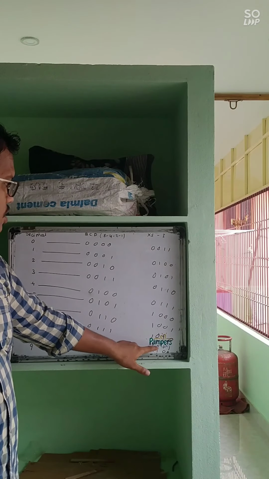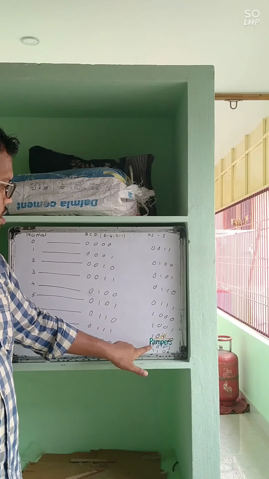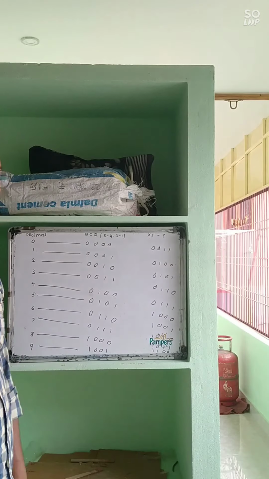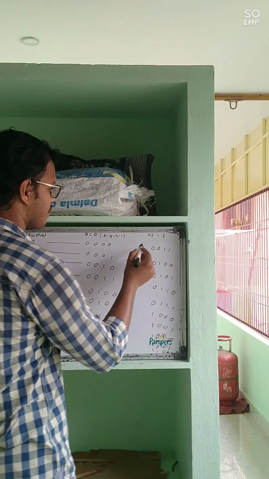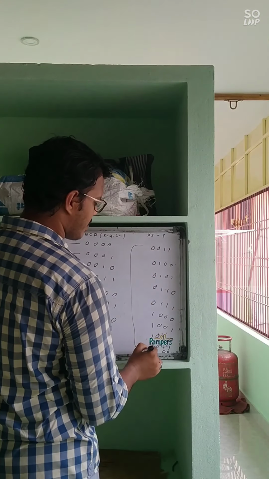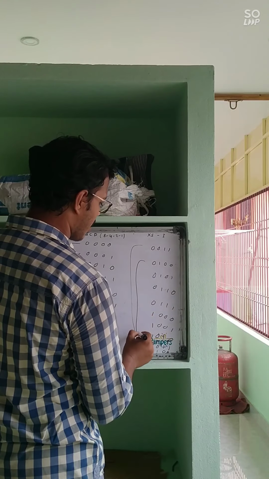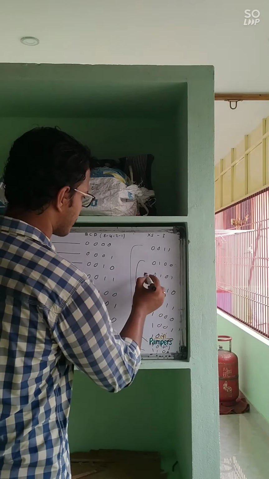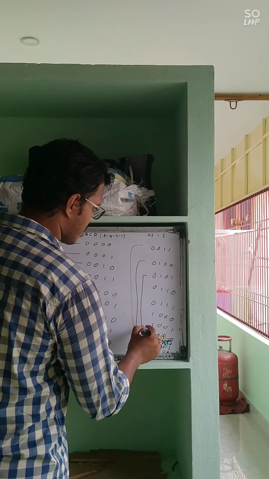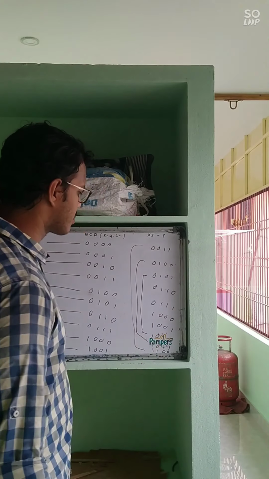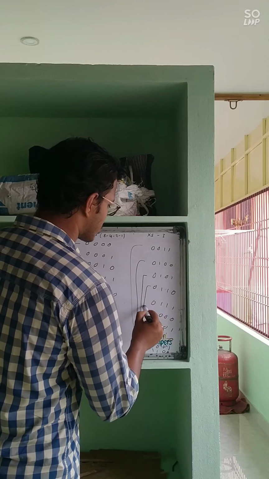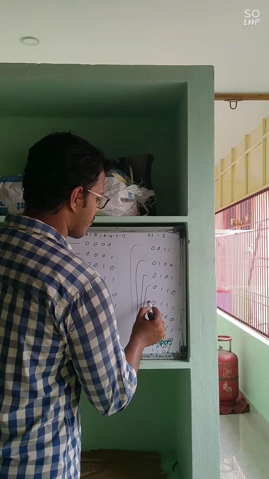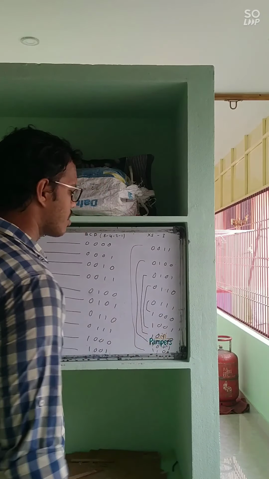So 1 0 1 1. Okay, so 0 is complement to 9, 1 is complement to 8, 2 is complement to 7, 3 is complement to 6, 4 is complement to 5.